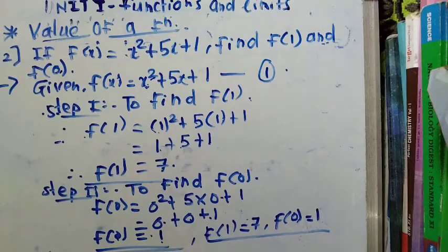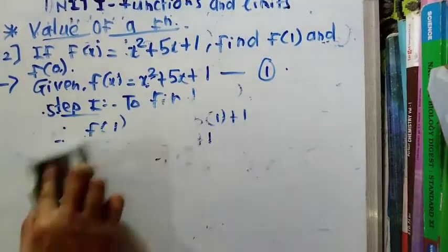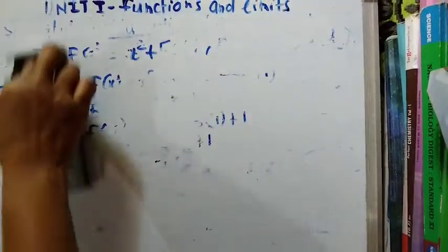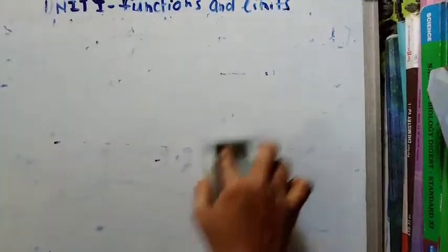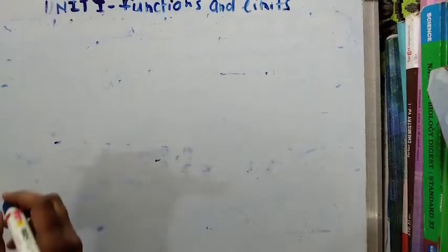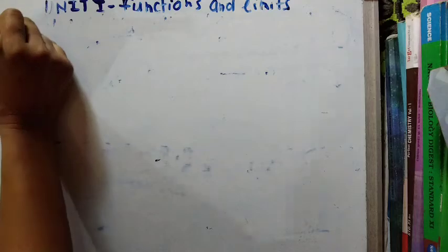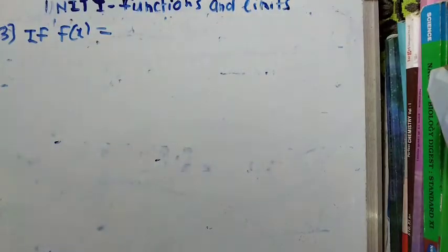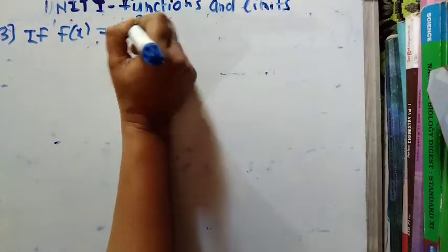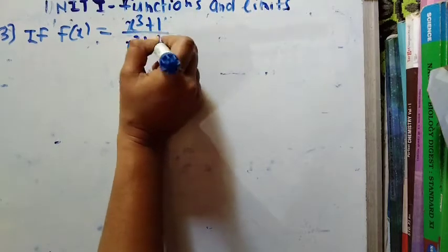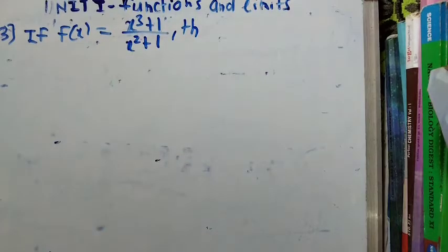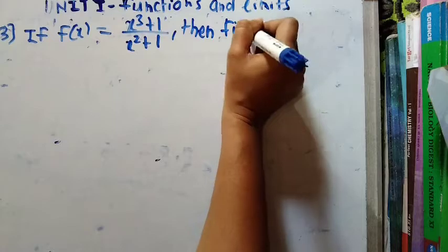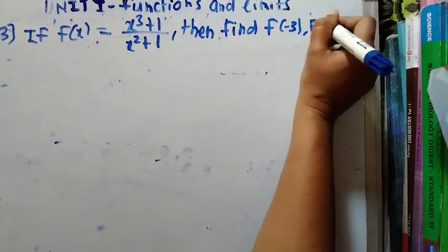Then next example, example third. If f of x is equal to x cube plus 1 divided by x square plus 1, then find f of minus 3 and f of minus 1.